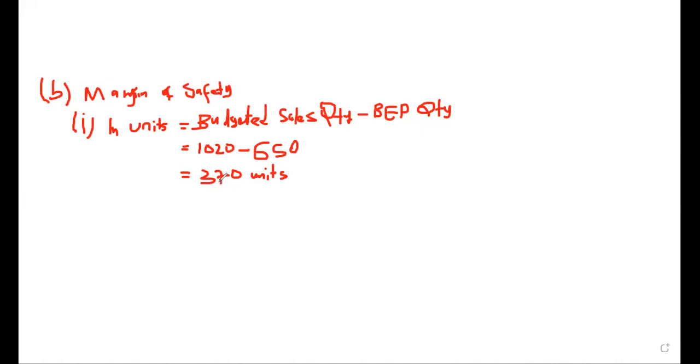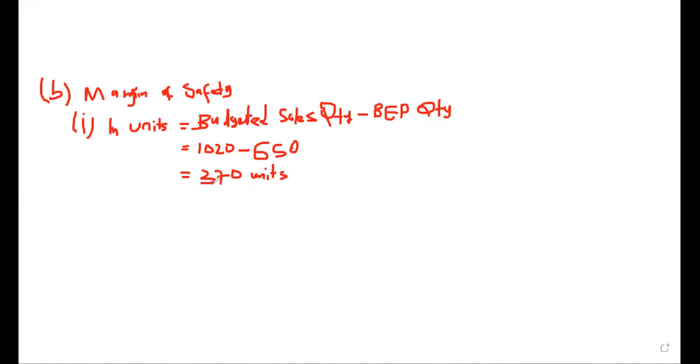Okay, meaning that if we are able to produce these units and above, then we are safe as a company. We are not going to fall in a trap. We are not going to make losses. We are not making losses at this level, because we are falling within the margin of safety.